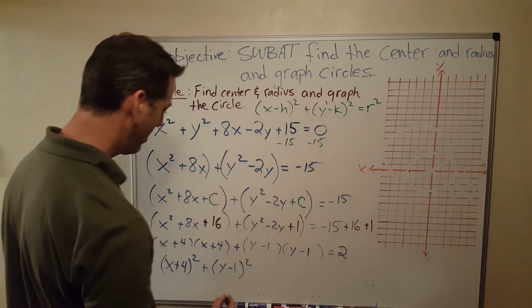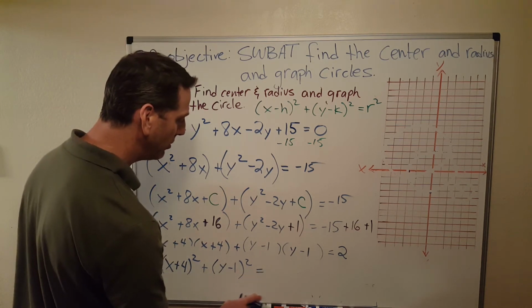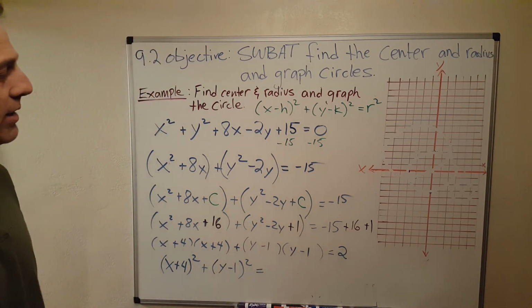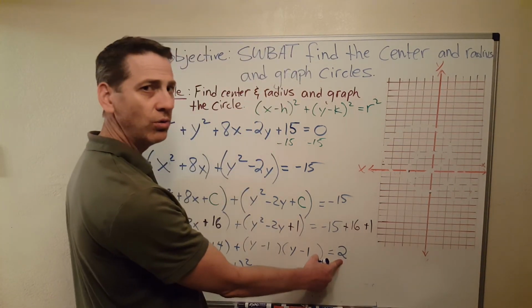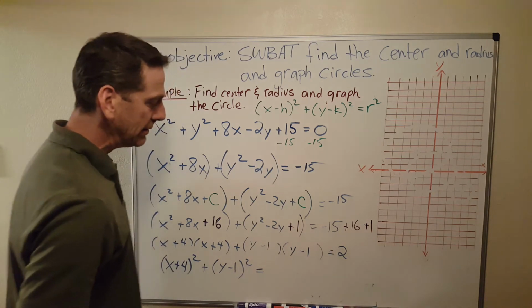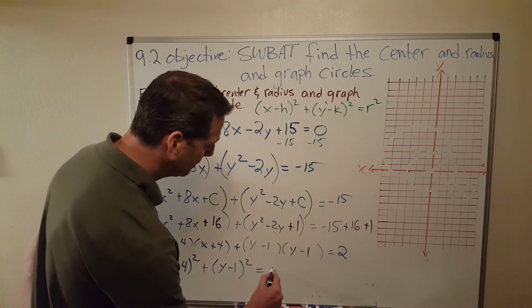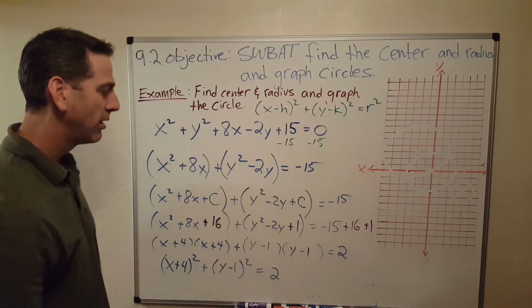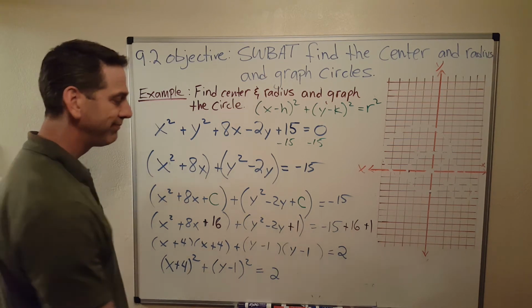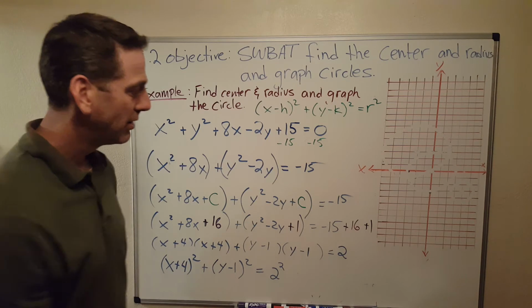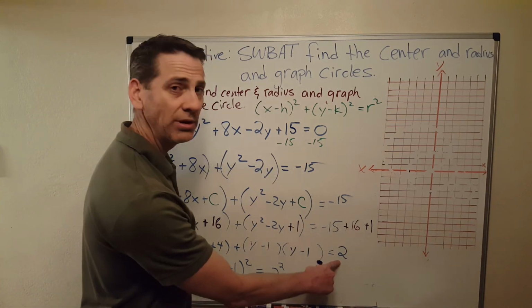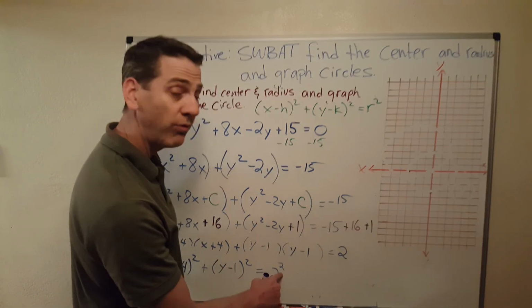All right, and that's going to be equal to, all right, so what number squared is 2? Well, I can't do 2 squared because 2 squared is not 2, is it? 2 squared is 4.